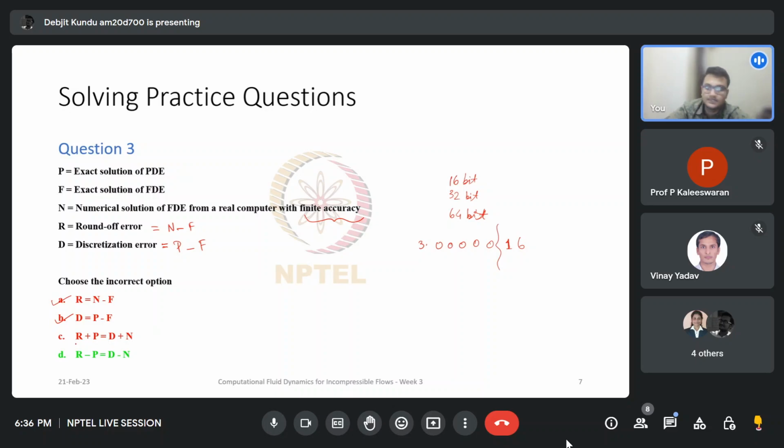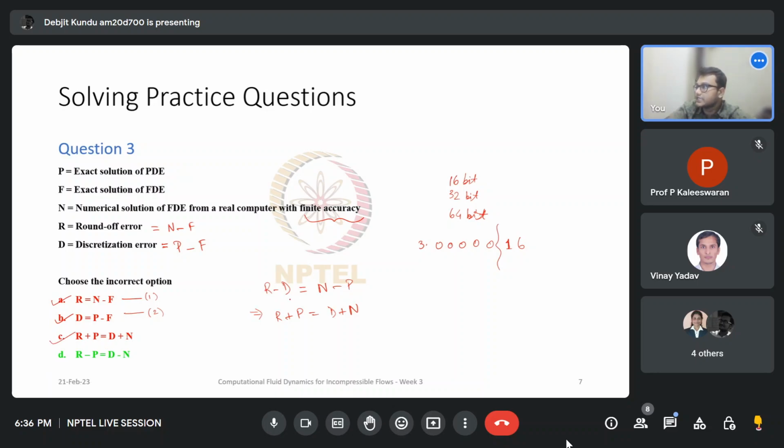Now option C is a bit tricky. Here, you can consider these as equation one and equation two, and take a difference between them. So we will have R minus D equal to N minus P, and with a little bit of rearrangement, we can get R plus P equal to D plus N. So that's how option C is also correct.